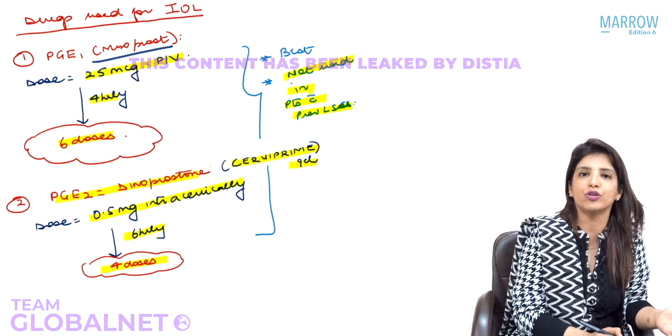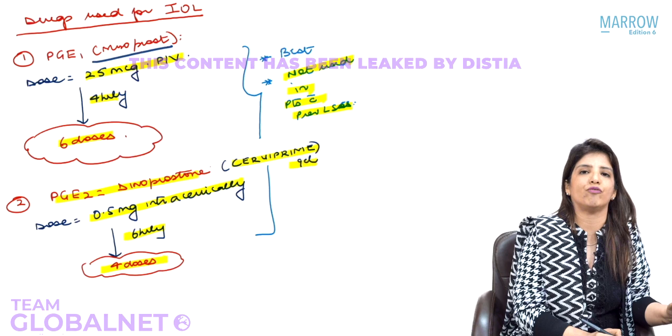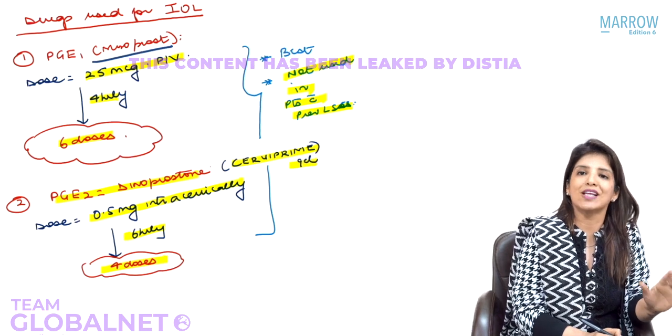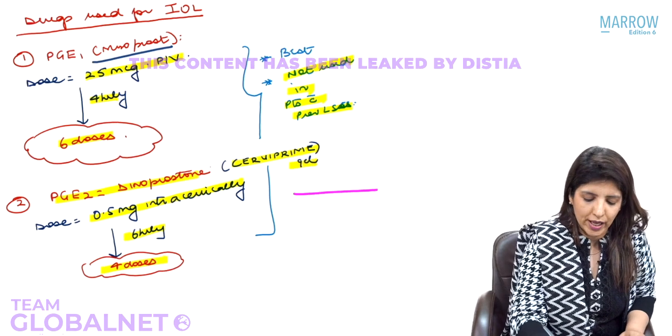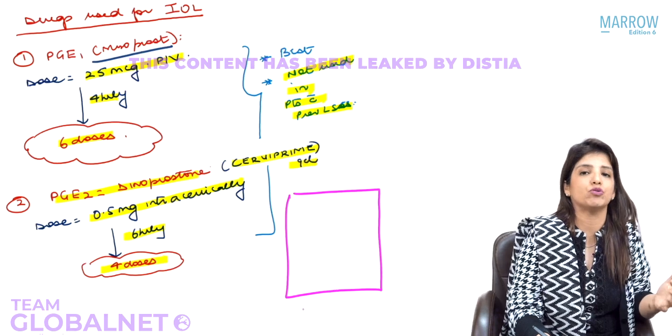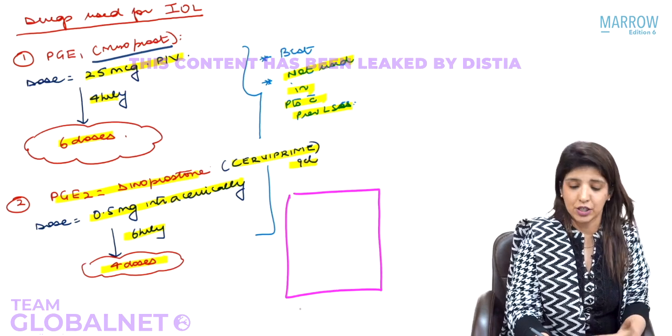The method which you are going to use, I'm also going to tell you. But please don't say that induction of labor is contraindicated in previous cesarean patients. That's a wrong statement. So there are 2 statements which are incorrect and which so many times we read in so many books.